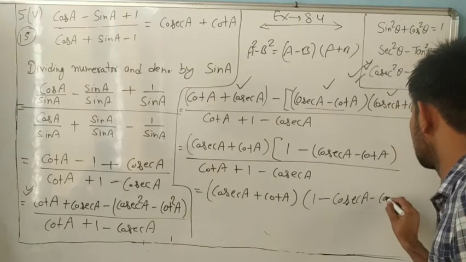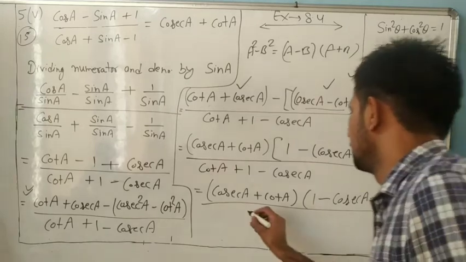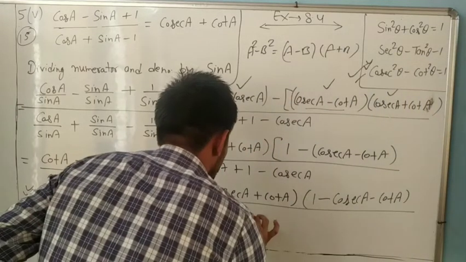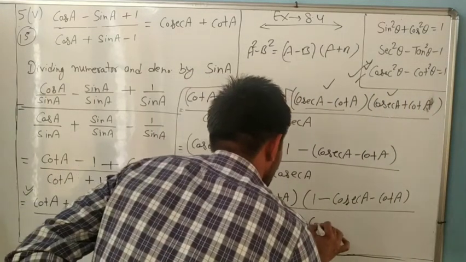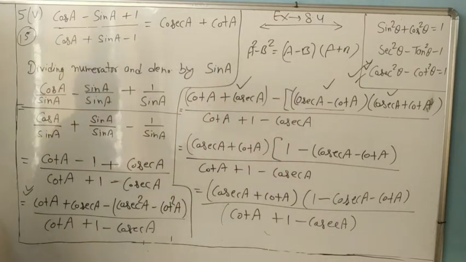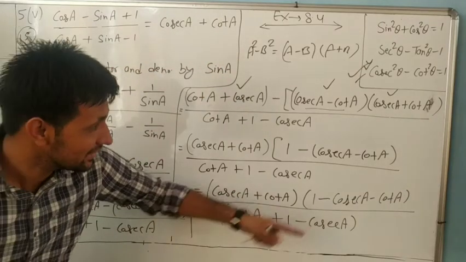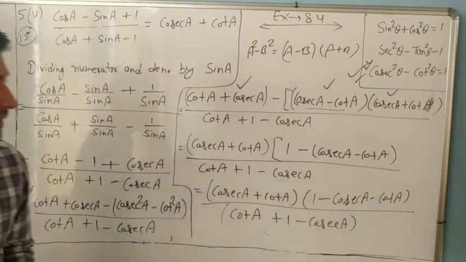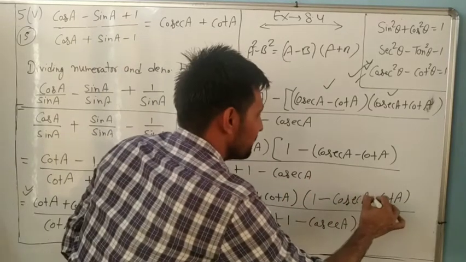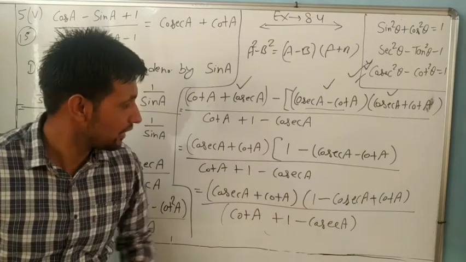Cosecant A minus cot A upon cot A plus 1 minus cosecant A. Yes. Have you identified the answer? Cosecant A plus cot A. Cosecant A plus, yes. And this one cancels. Arey yaar, it becomes positive now. Negative into negative, positive.